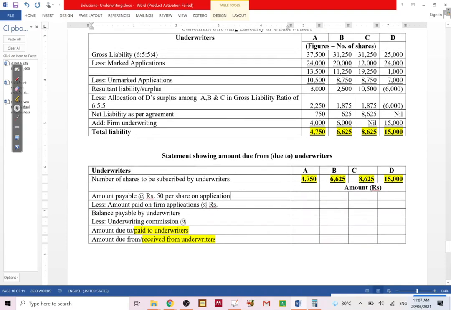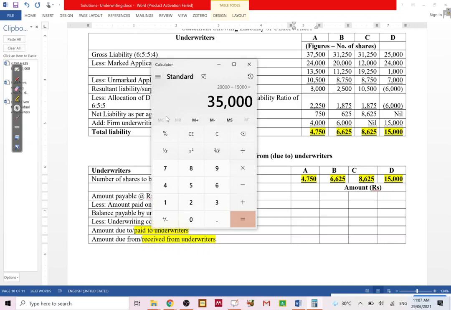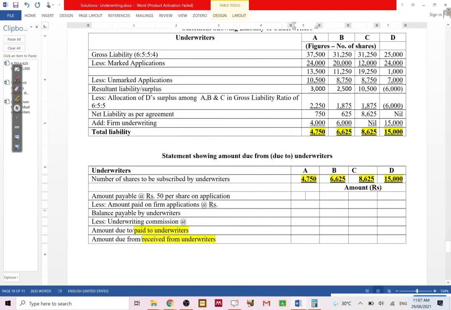Fine. So application money, if you multiply 50 rupees with these amounts, 50 into 4,750, how much do you get? We'll just do one calculation. 2,37,500. Same way, 50 into 6,625 gives you 3,31,250.